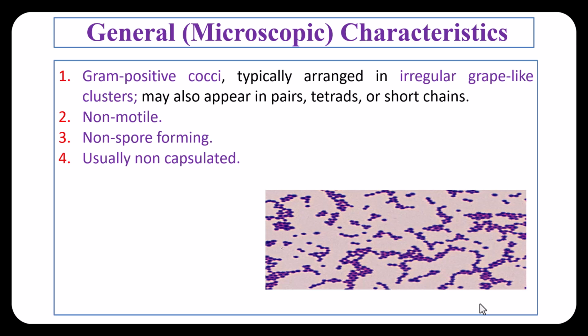However, the gram-positive cocci do not form spores and are usually non-capsulated, although some virulent strains of staphylococci may have a thin capsule. The grape arrangement of staphylococcus can differentiate it from streptococci, which are arranged like a chain.